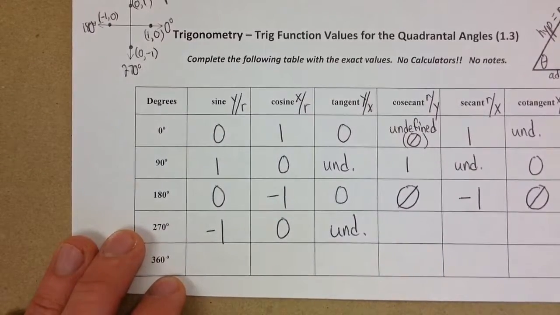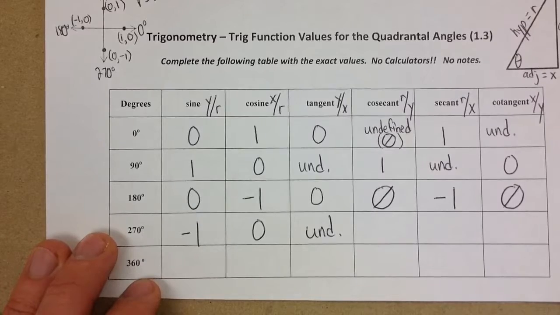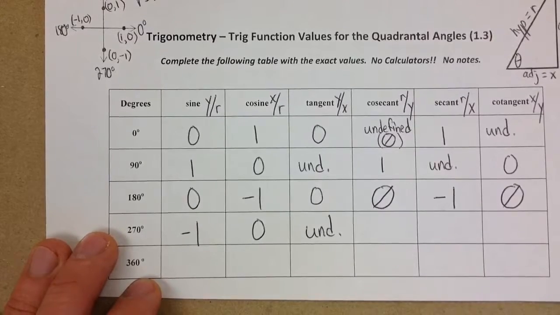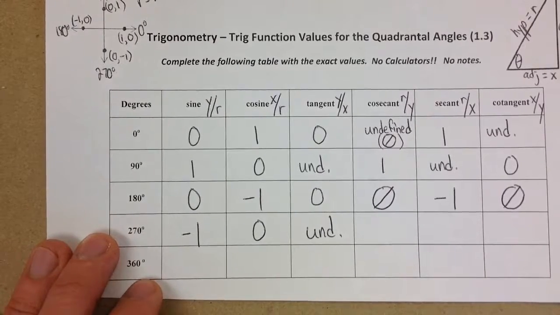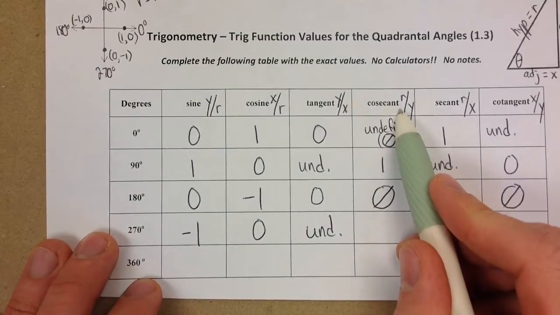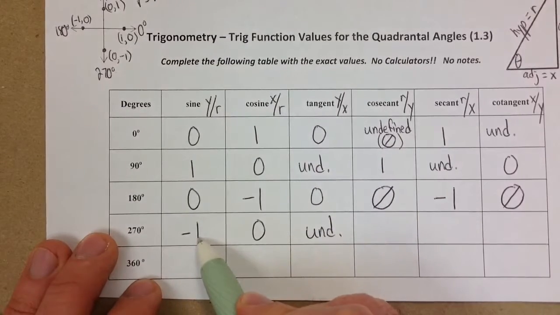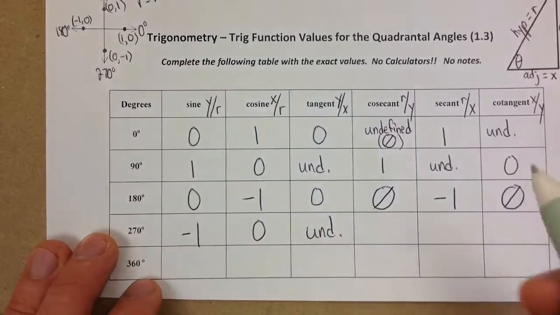Sue, cosecant 270? Cosecant is the reciprocal of sine. So what's 1 over -1, Sue? -1.